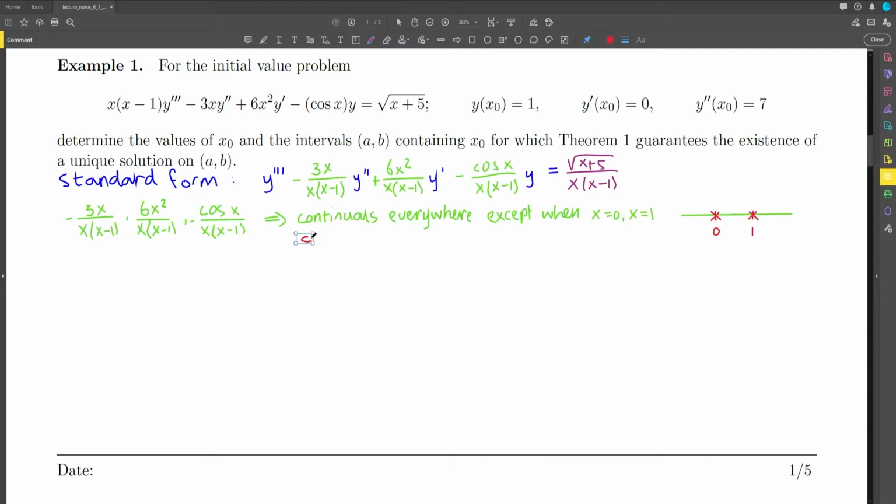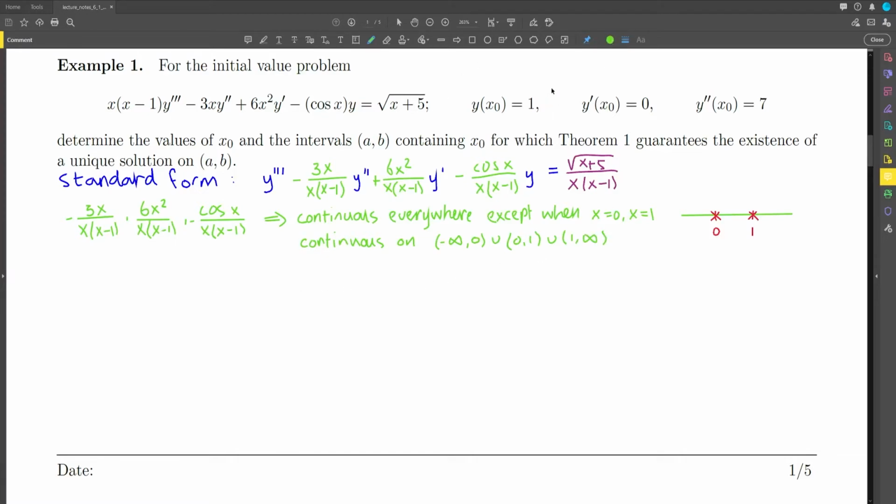So this is continuous on, and let's write that down as follows. So in interval notation, this is continuous on negative infinity to 0, union 0 to 1, union 1 to infinity.